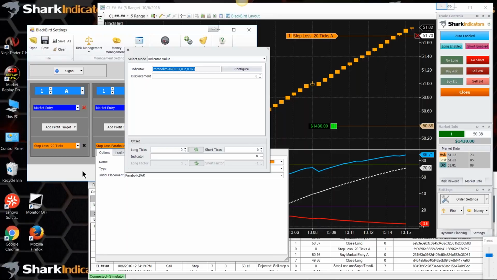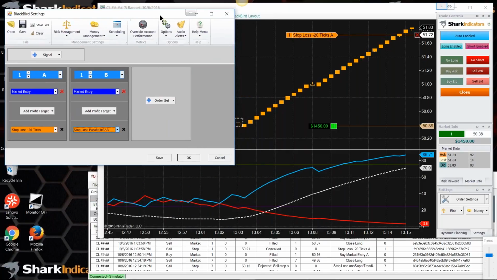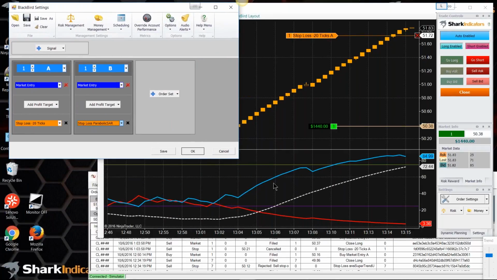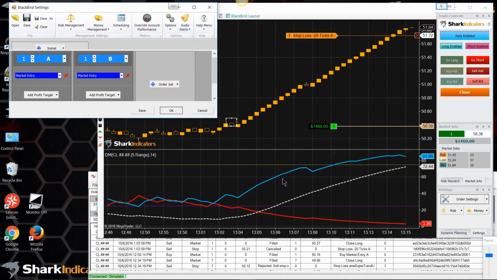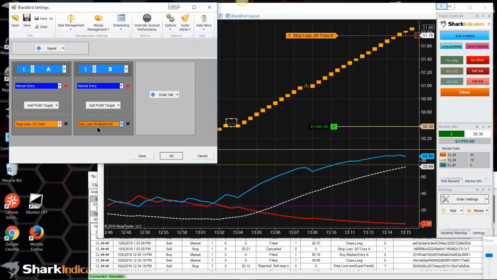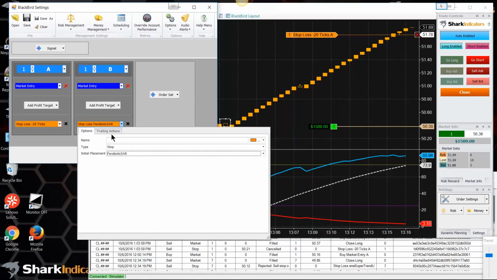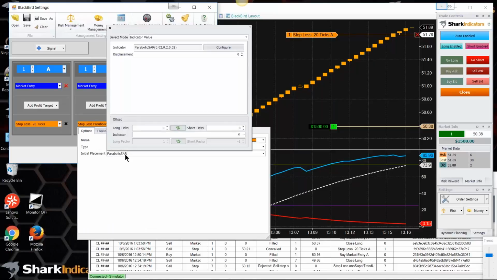But the DM indicator, let me shrink this up here, is giving us values that are totally unrelated to price. So we could use that as an offset.